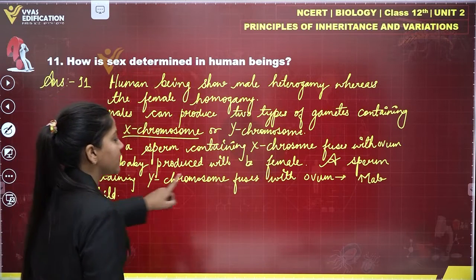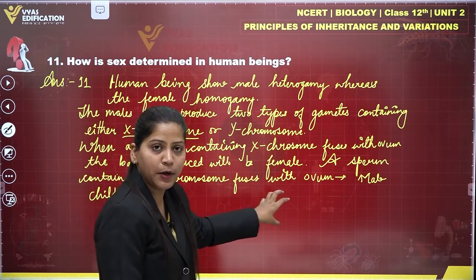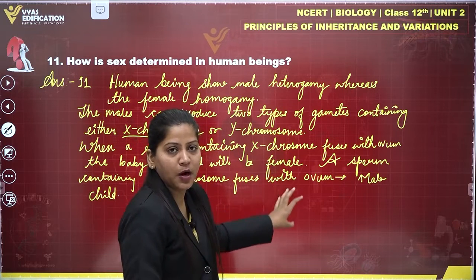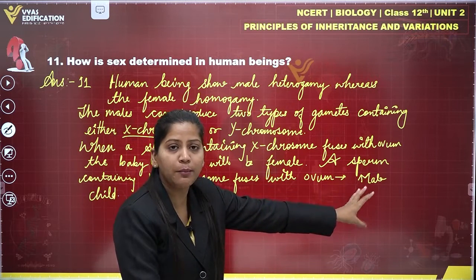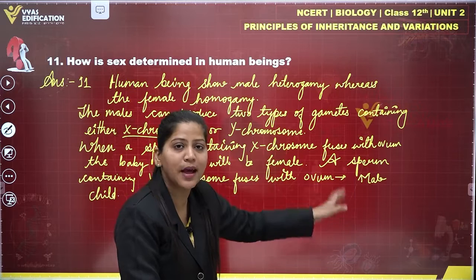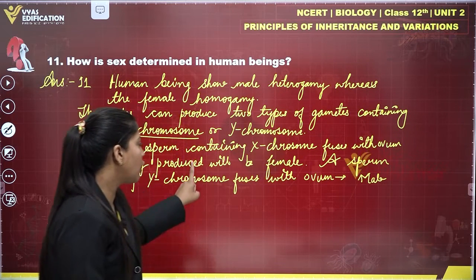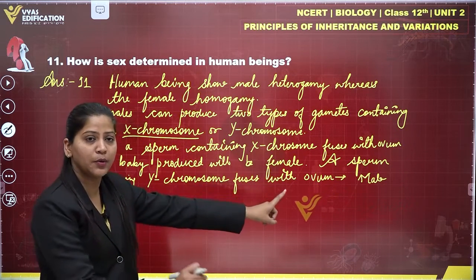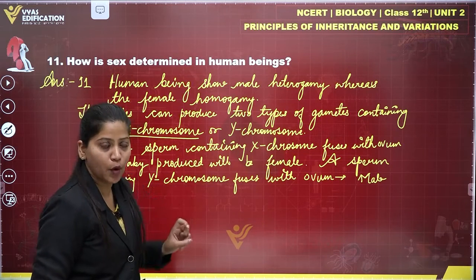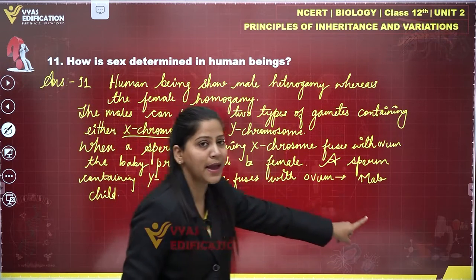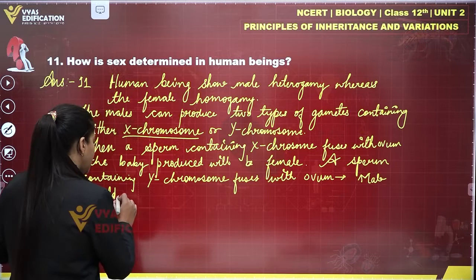Why is it so? Because the Y chromosome of the sperm fuses with the X chromosome of the ovum, because an ovum will always have X chromosome. So the Y chromosome of the sperm fusing with the X chromosome of the ovum will always produce a male child.